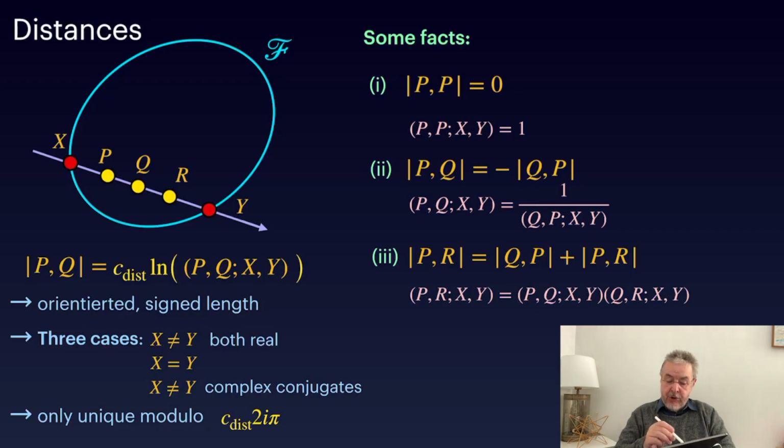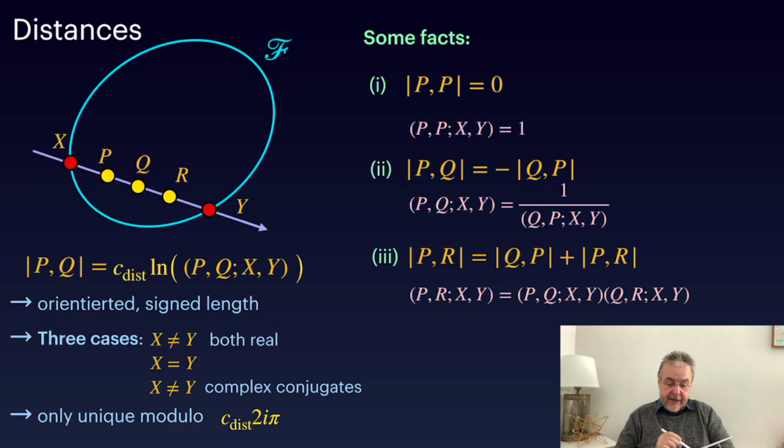And I showed you some fundamental facts that essentially tell you that distances behave in a reasonable way. I also told you that if you are on a line, you have to consider your distances as a kind of oriented magnitude, and that depending on where this intersection line is, you have to consider 3 different cases.